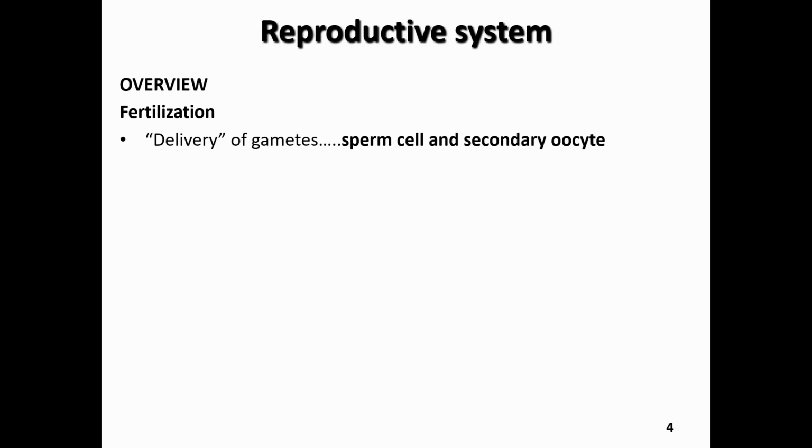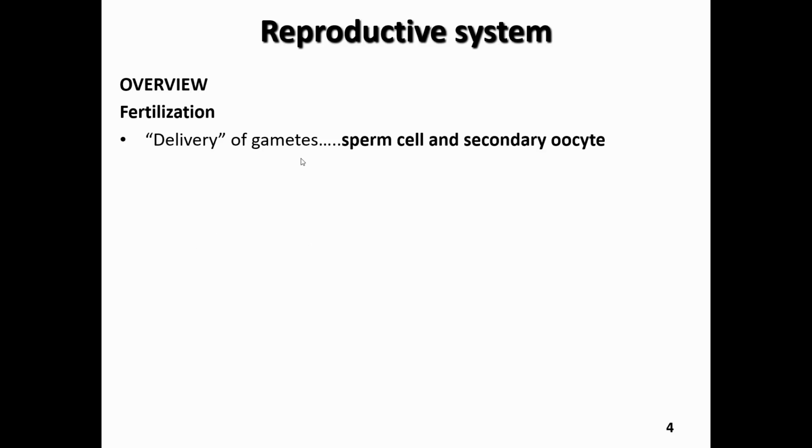The function of the reproductive system is to fertilize an egg, the cell produced by the female that unites with a sperm cell. To do this requires what's called the delivery of the gametes.